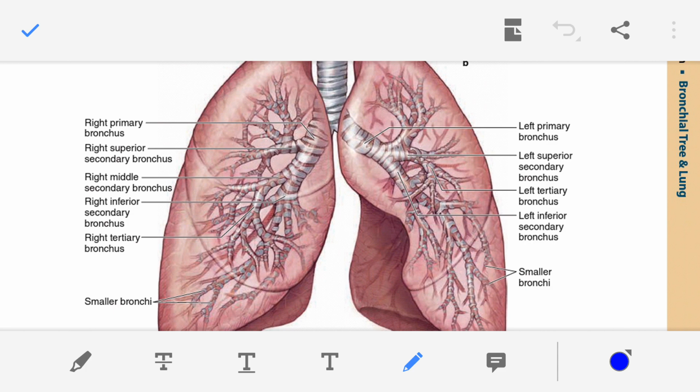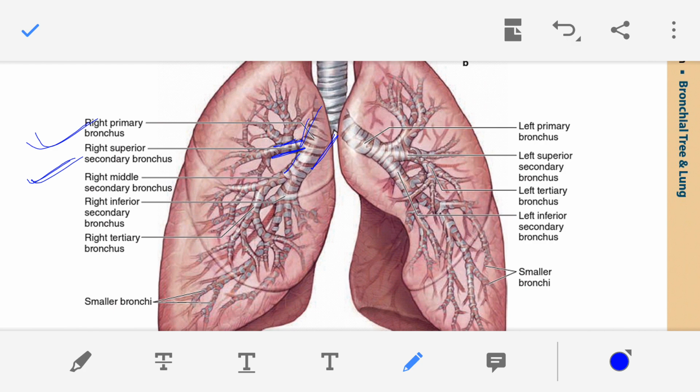Here also you see this is the right primary bronchus. From this, one branch is coming out, and this branch is the right superior secondary bronchus.